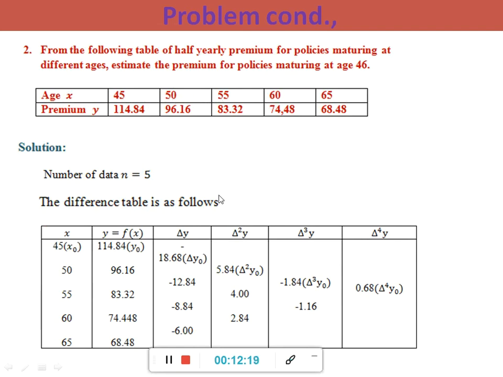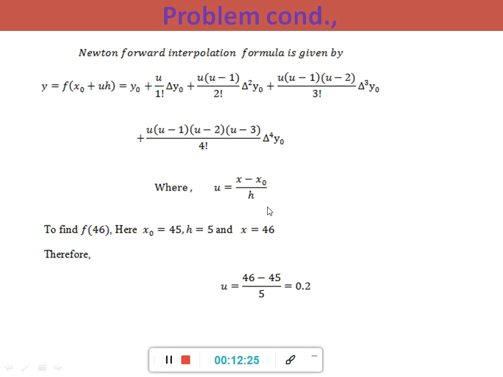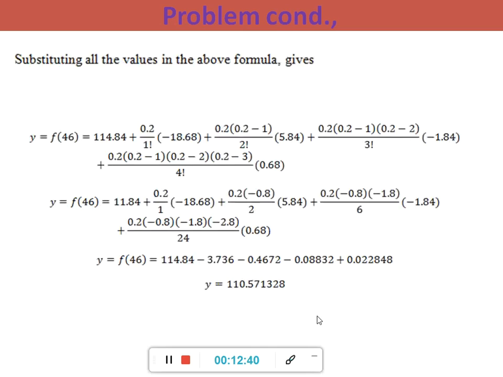Newton forward formula is only applicable if the points are equally spaced. Otherwise, we cannot use the Newton forward interpolation formula. Now substitute all the values in the formula. u equal to x is 46 minus x naught is 45 divided by h equal to 5. After simplification, u equal to 0.2.